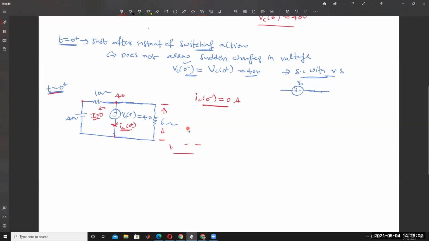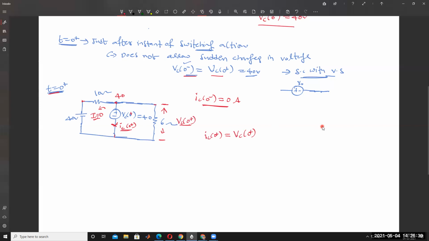Then IC of 0 plus, VC of 0 minus is equal to VC of 0 plus. That's why VC of 0 plus is equal to 40 volts. Then IC of 0 plus is equal to VC of 0 plus divided by, what is the voltage across this? VC of 0 plus, am I right? VC of 0 plus is acting as a source, and the voltage across the 6 ohm resistor is the same as VC of 0 plus.